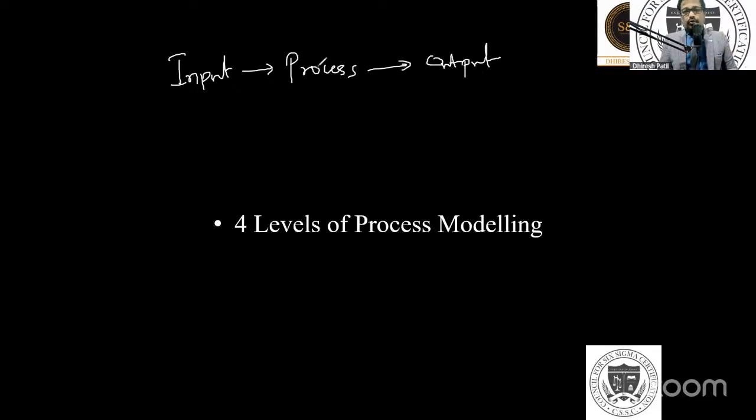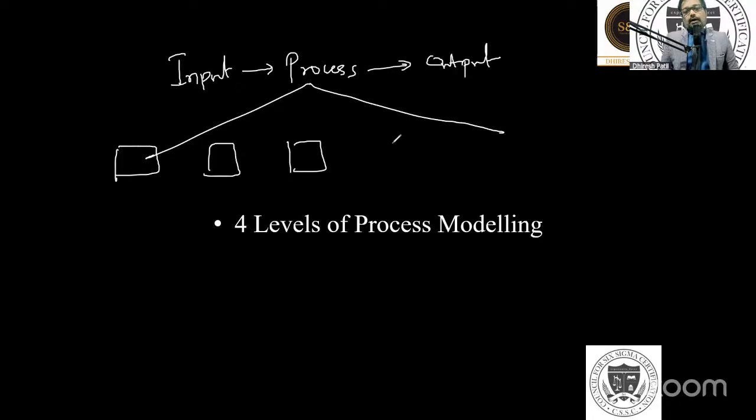It is to understand the process deeply. We want to understand what is happening in the process, because we all know a process is what? Input, process, output. There is some input which goes in and there is some output which comes out. Now, we have to open this up.